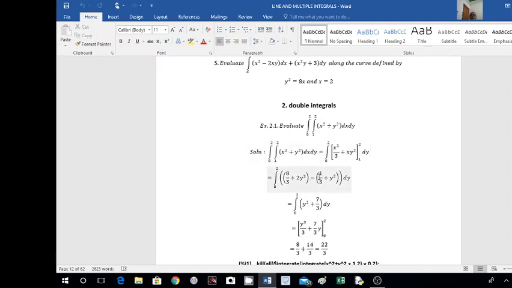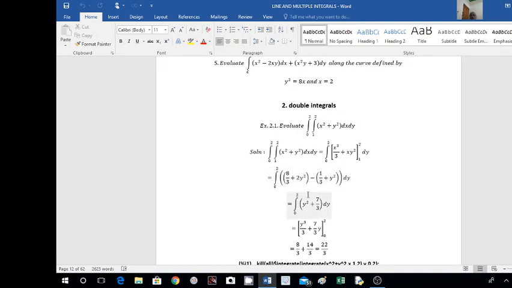Coming to the lower limit, I put x equal to 1. Then this becomes 1 cube by 3, that is 1 by 3, plus y square, into dy. Now 2y square minus y square is 1y square, and 8 by 3 minus 1 by 3 is 7 by 3, into dy.